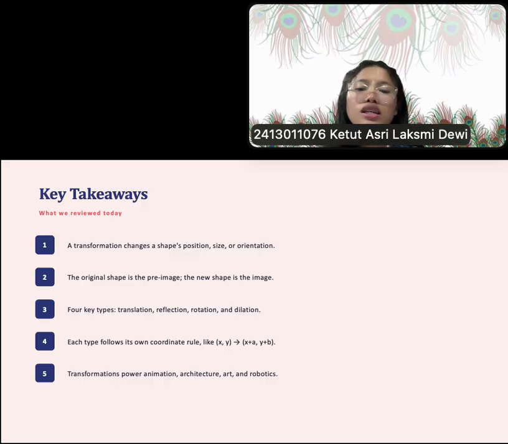And number 4, each type of transformation follows its own coordinate rule, such as (x, y) becomes (x + a, y + b). And number 5, transformations are widely used in animation, architecture, art, and robotics. And I hope this summary makes the concept clear for you, both mathematically and in terms of English vocabulary.